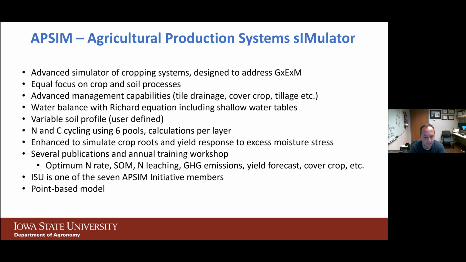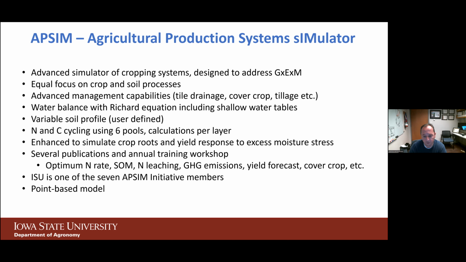And we published several papers showing the performance of APSIM with regards to nitrogen rate, organic matter, leaching, etc. Iowa State University is one of the 7 members of the APSIM initiative, and it's the only one in the United States.